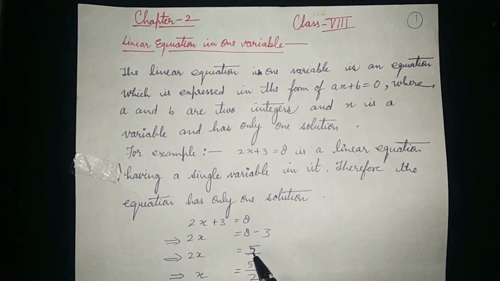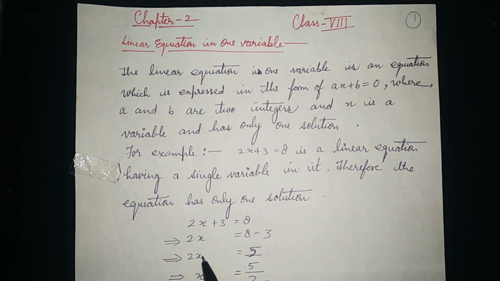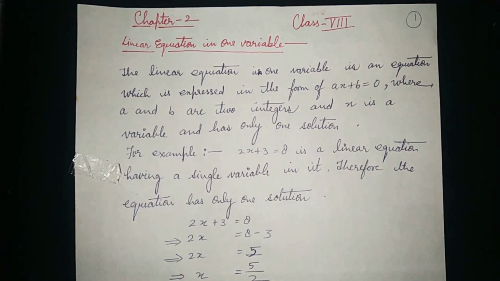So 2x equals 5. Here 2 is in multiplication with x. So what do we have to do? We will divide both the sides by 2. So x equals 5 upon 2. Here 5 upon 2 is coming and it is an improper fraction.